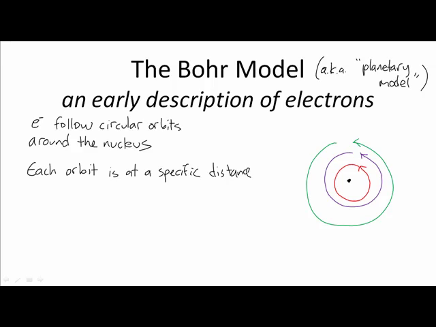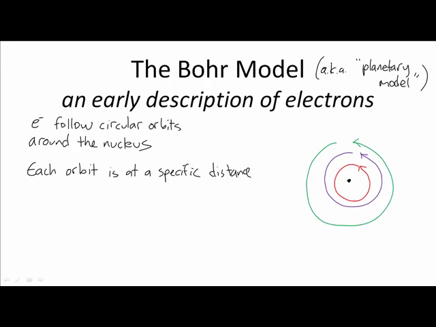This had some advantages. It explained why electrons only give off certain wavelengths of light when you heat them up, and that's an explanation that we'll give later. It explains certain phenomena, and visually, it's a nice picture for us.